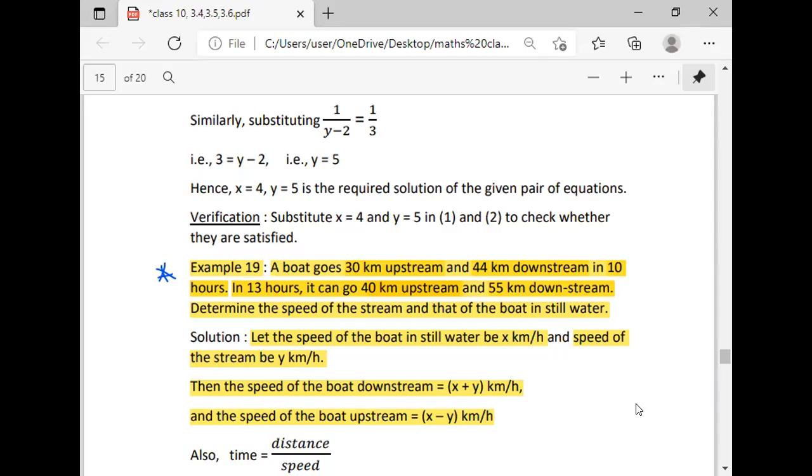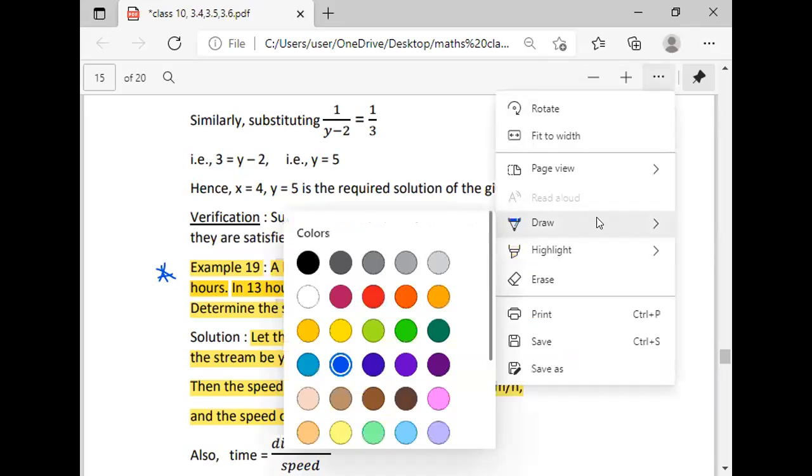And now we have denoted the speed of the boat downstream as x plus y and the speed of the boat upstream as x minus y. And we know that the equation for speed is equal to distance by time. But what is the information given to you?